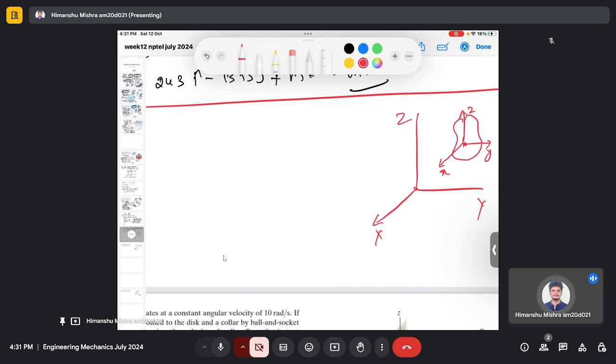So let's say there is one point B and this is point A. Here the motion of this body can be regarded as the instantaneous translation of the body and rotation about the instantaneous axis passing through point A.